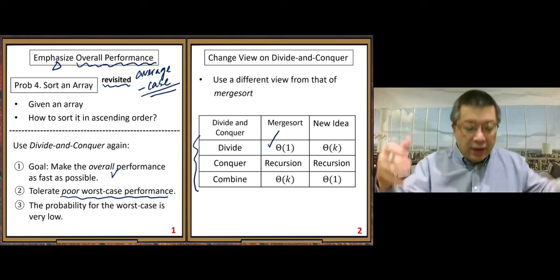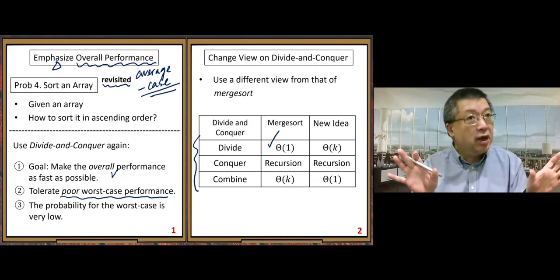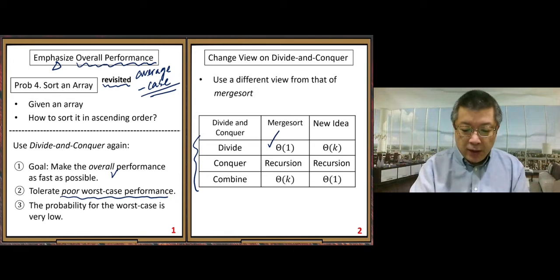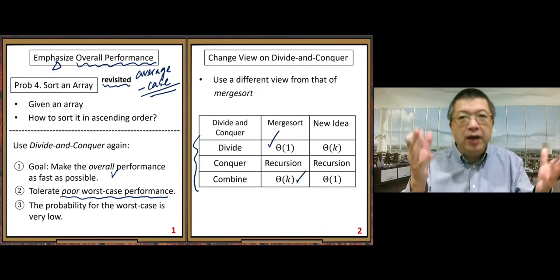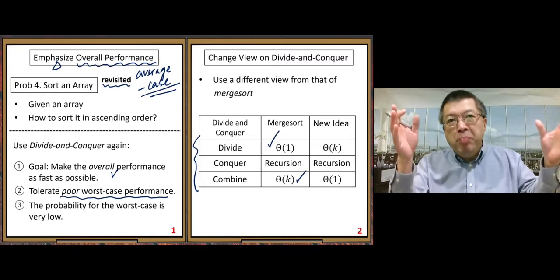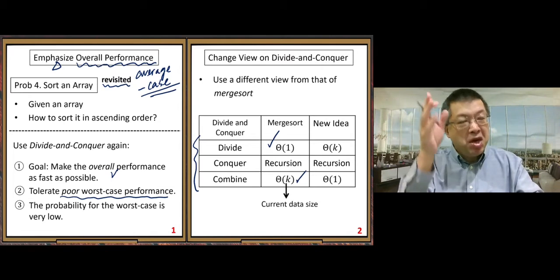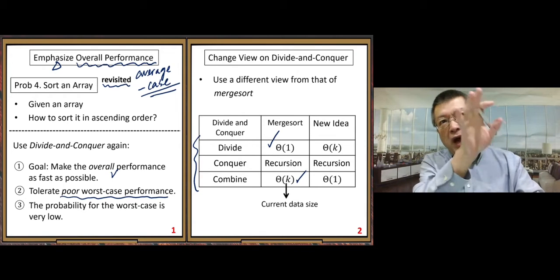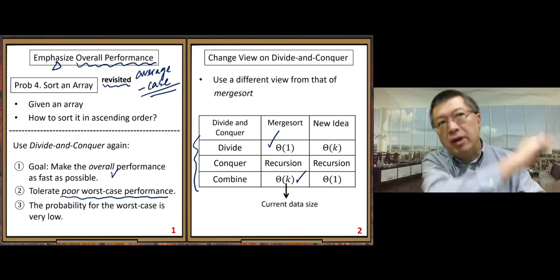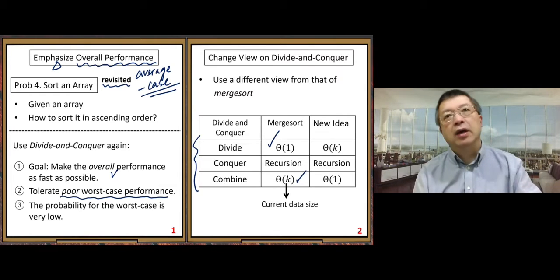Then at the combine step, we have to do a lot of things. The cost we pay at the combine step is big theta of k, where k means the current data size, the number of elements in the current subarray we are working on.